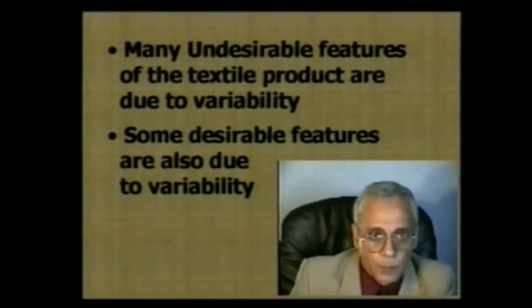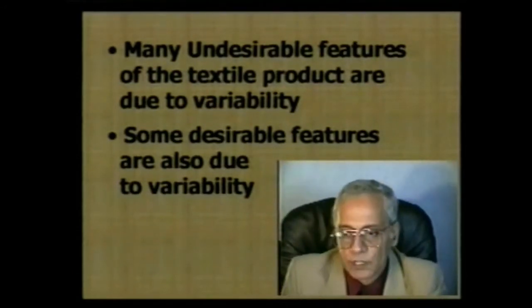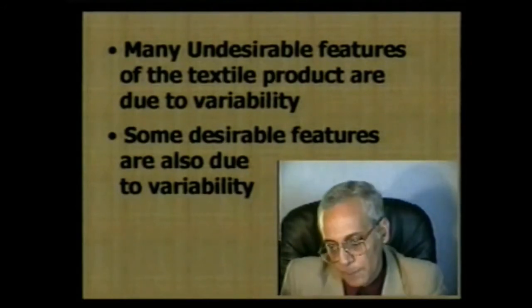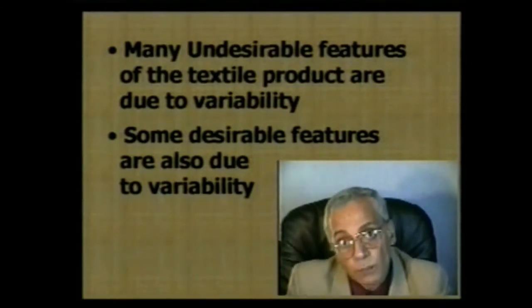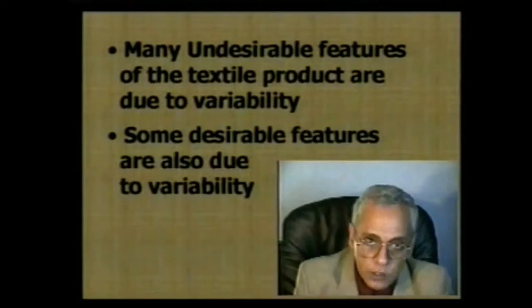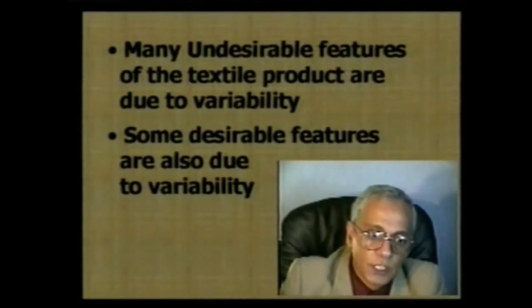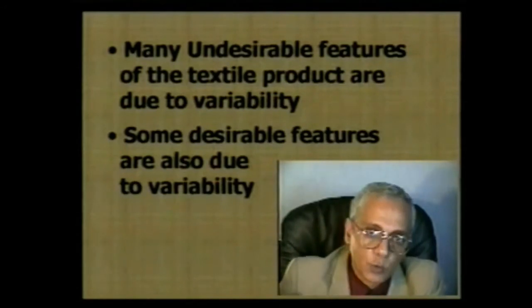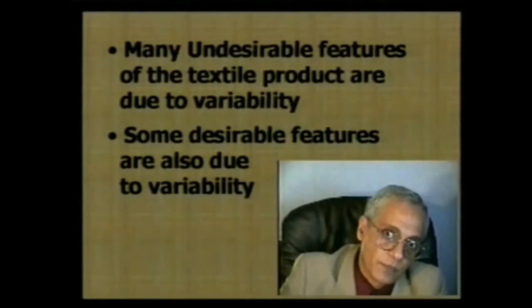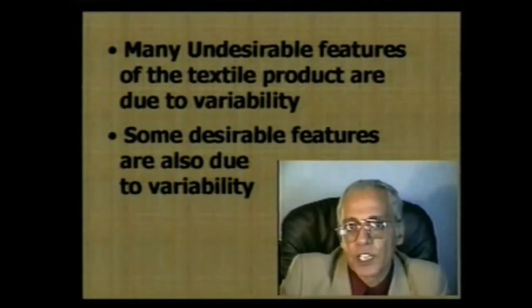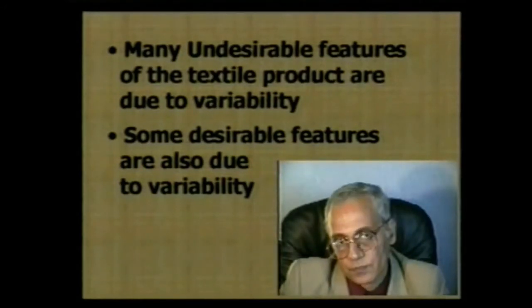Many undesirable features of the textile product are due to variability. And certainly some desirable features are also due to variability. So it's one of those things that we simply cannot live with and we cannot live without. But most of the time we cannot live with.